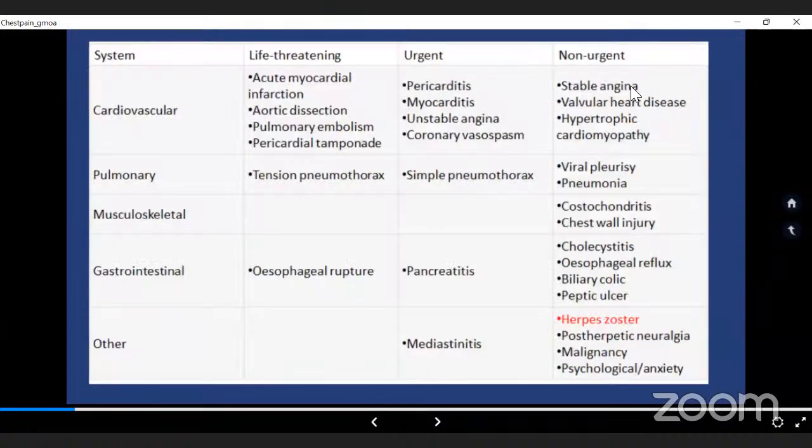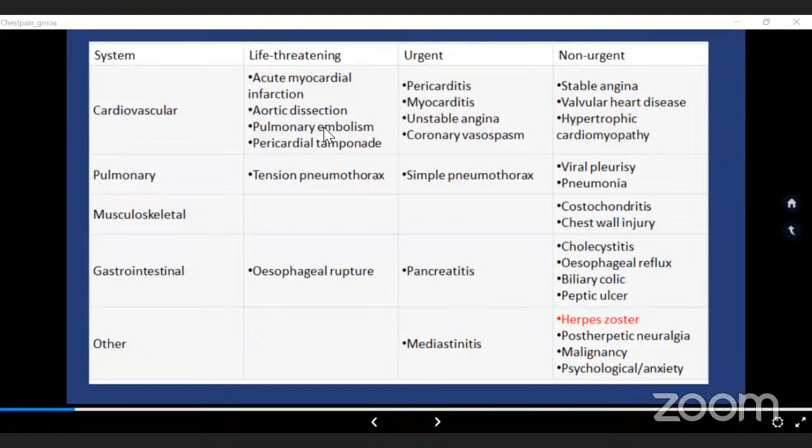Okay, this is a comprehensive list of causes of chest pain. So as you can see here, very clearly it mentions bad causes, not so bad causes, and benign causes. You need to identify these life-threatening causes at once. So the emphasis of this lecture will be on these life-threatening causes, in other words, the big six.